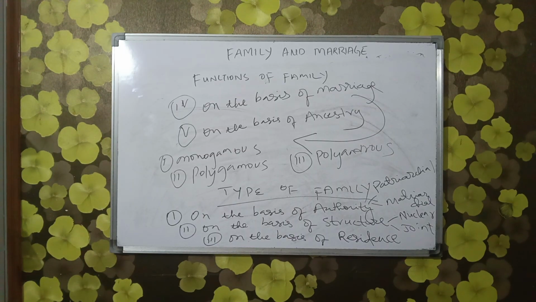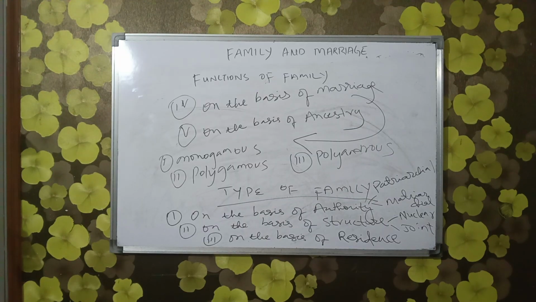That is polygamous. And the third one is polyandrous. What is polyandrous? Poly means many. So here one woman will marry more than two men. That is polyandrous.